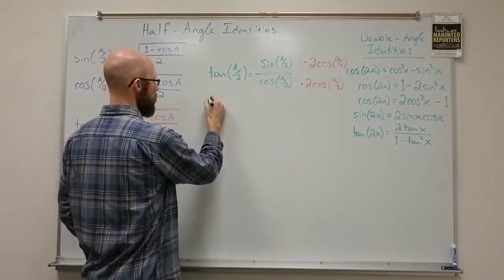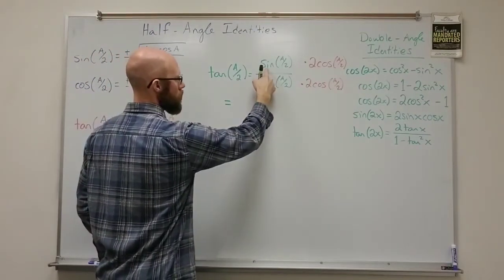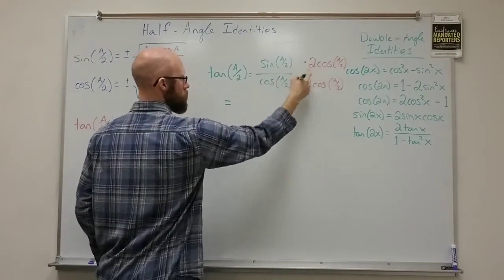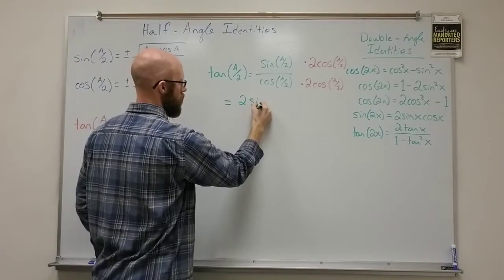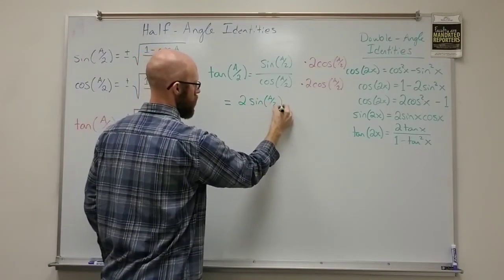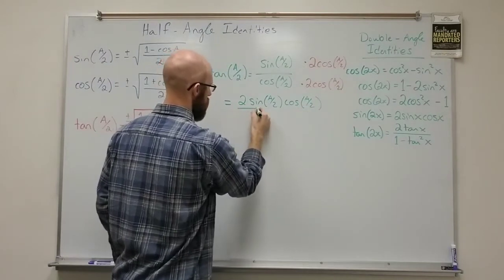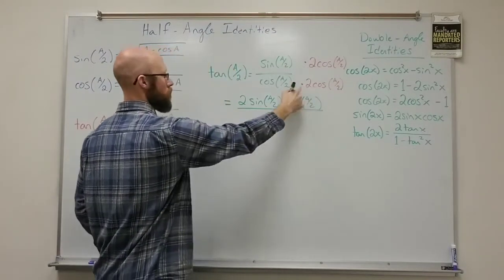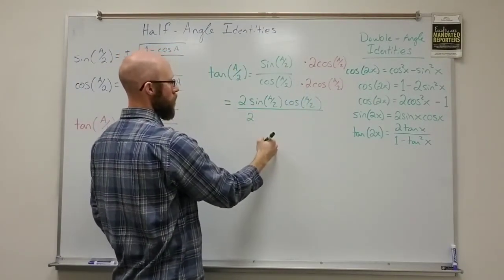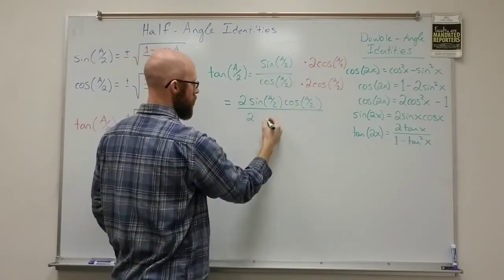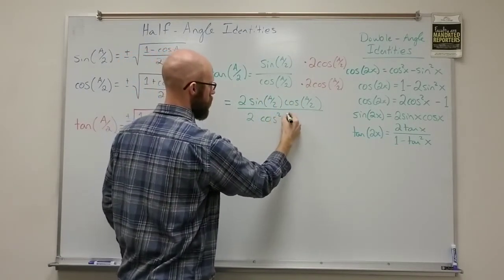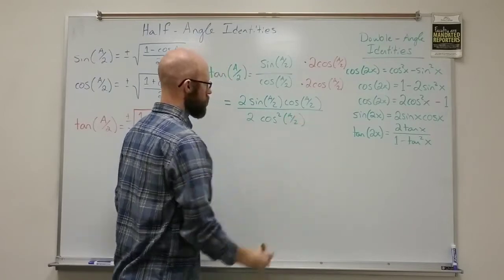What we're going to end up with is 2 times the sine times the cosine. So 2 sine a over 2 cosine a over 2 all over 2 times the cosine squared a over 2. Okay?